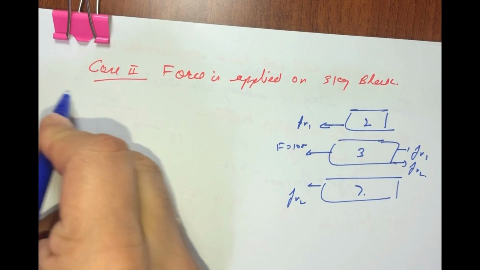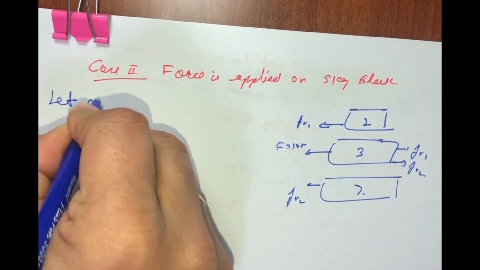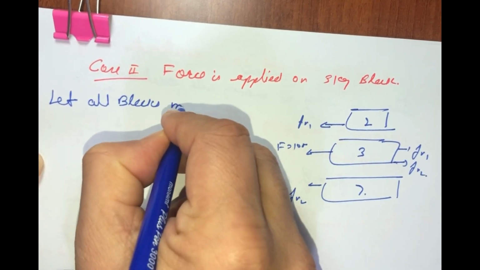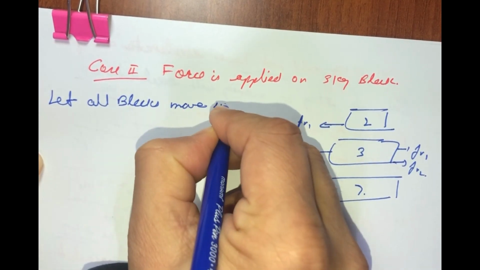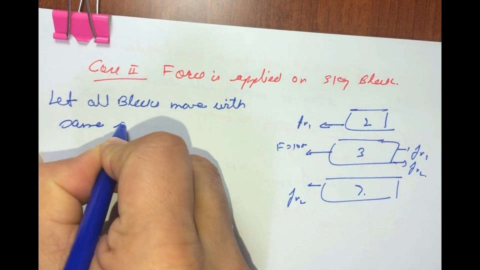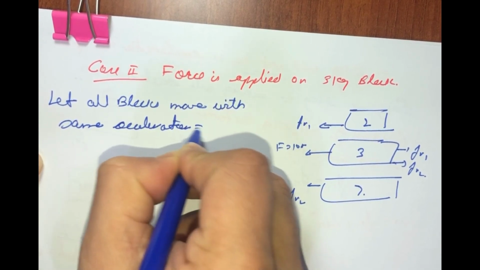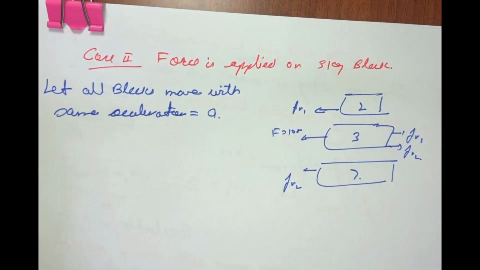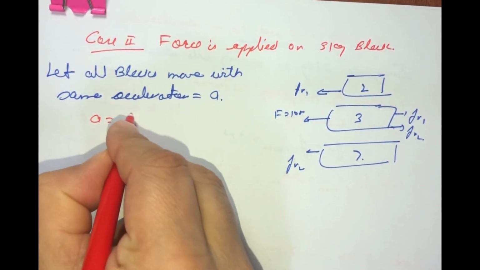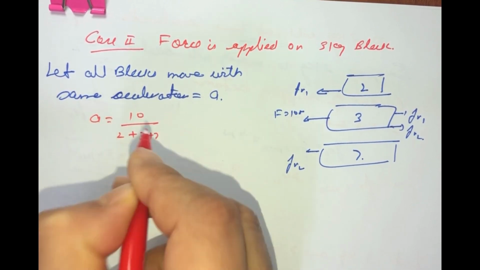You can say let all blocks move with the same acceleration, which is A. So we can find out the value of A. A will be equal to 10 divided by 2 plus 3 plus 7.